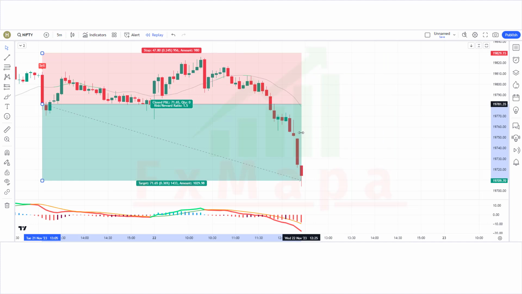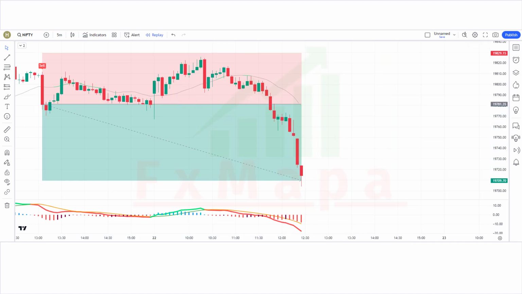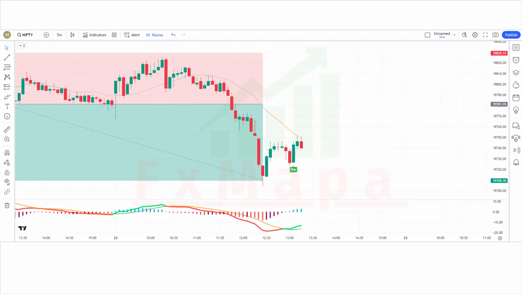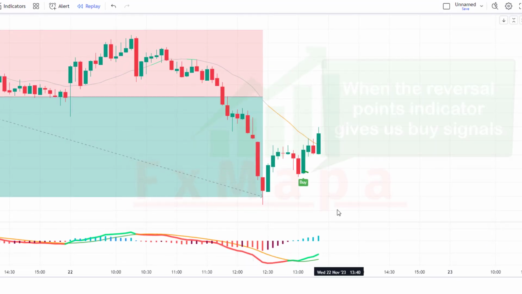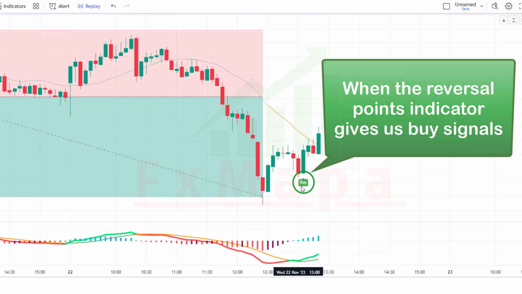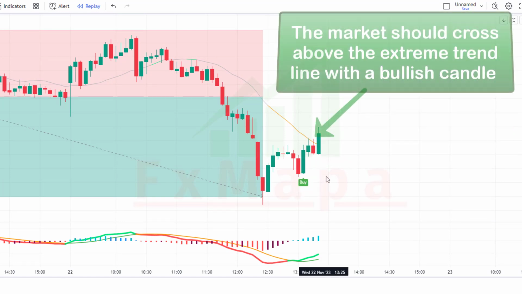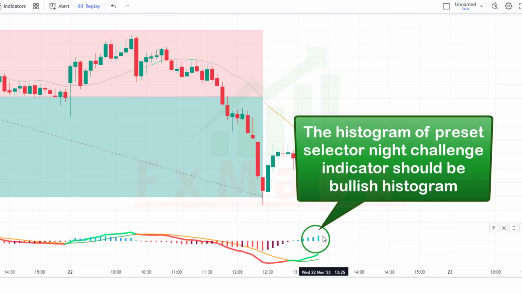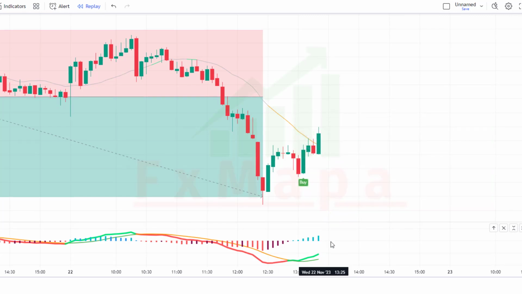Now let us understand the long position. When the reversal points indicator gives us buy signals, the market should cross above the extreme trend line with a bullish candle. The histogram of the preset selector indicator should be a bullish histogram.